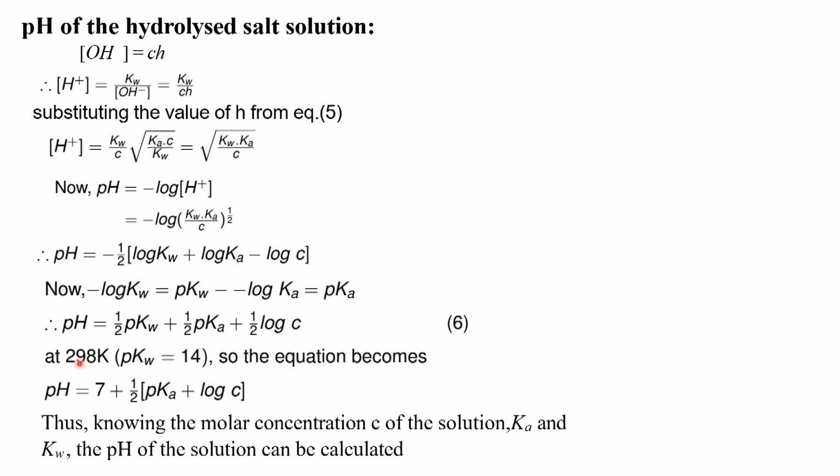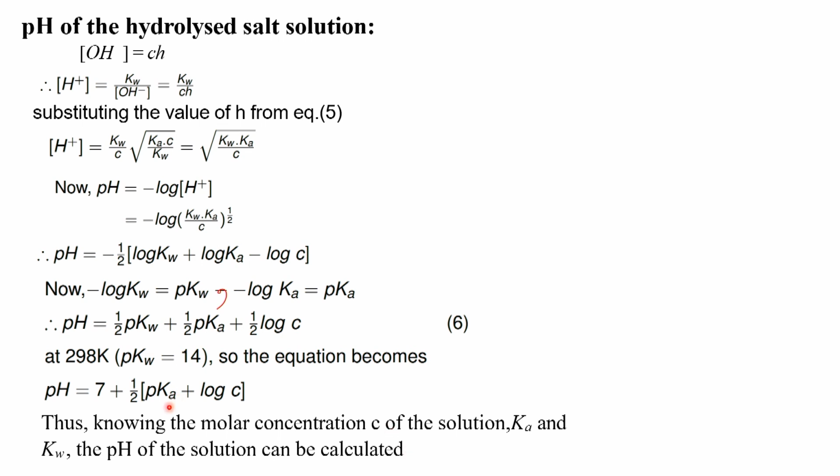Okay. So, at 298 K, pKw is 14, as we already discussed. So, equation 6 becomes pH equals 7 plus half pKa plus half log C. Thus, knowing the molar concentration C of the solution, Ka and Kw, the pH of the solution can easily be calculated.